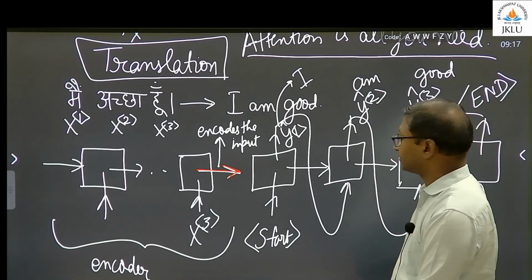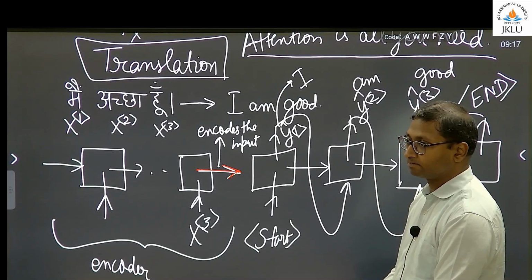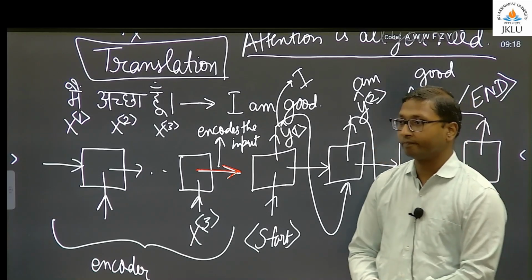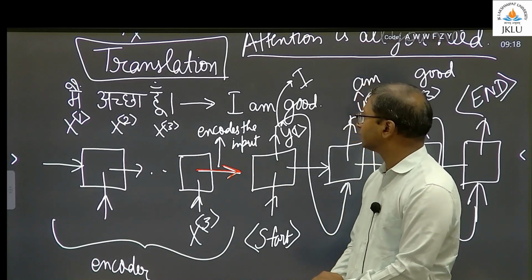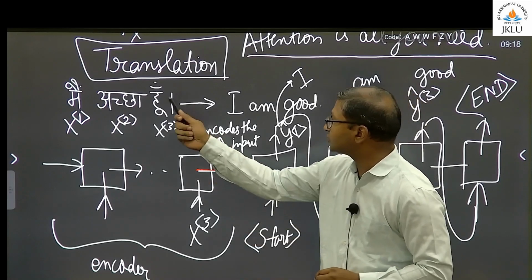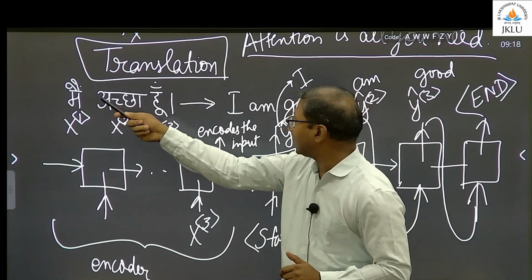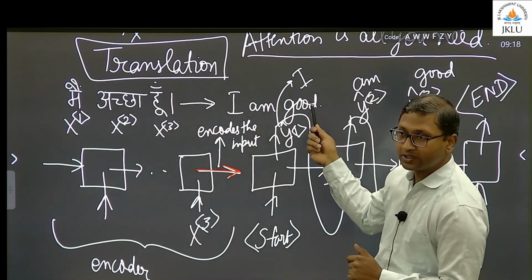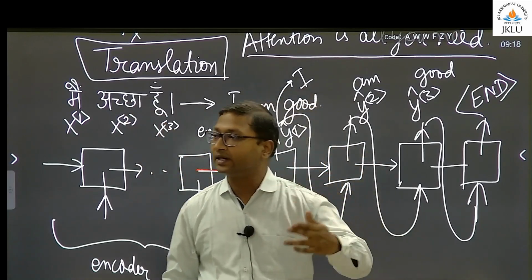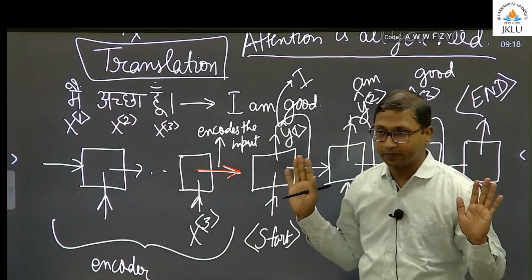Which one to one mapping? See, first of all, alignment has changed, right? Main acha has now gone to this. So what will not work is if I literally start translating every word in the encoder, that will not help me.